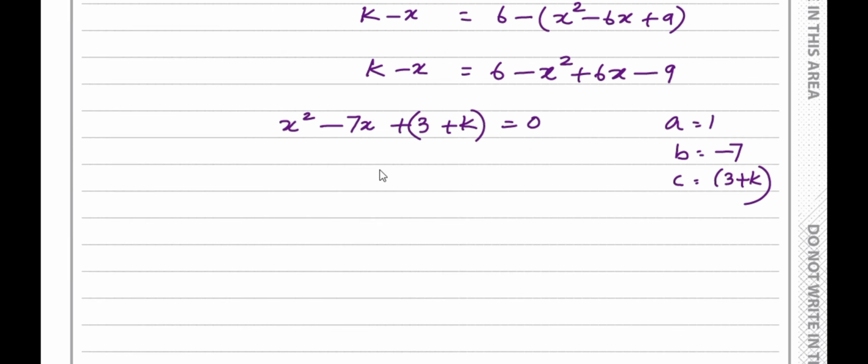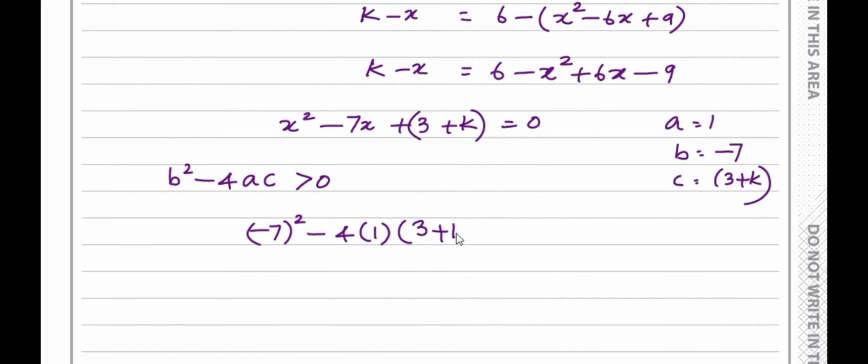Yes, there are two intersection points. Therefore, the discriminant should be greater than 0. It should be positive. So b² − 4ac should be greater than 0. Therefore, let's plug in the values from here. So (−7)² − 4(1)(3 + k) should be greater than 0.